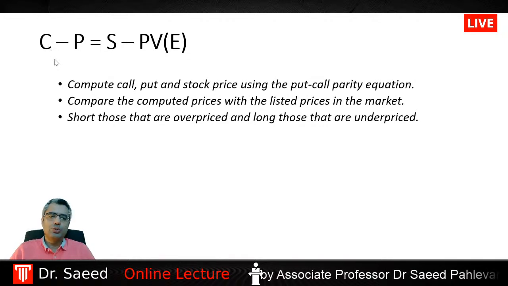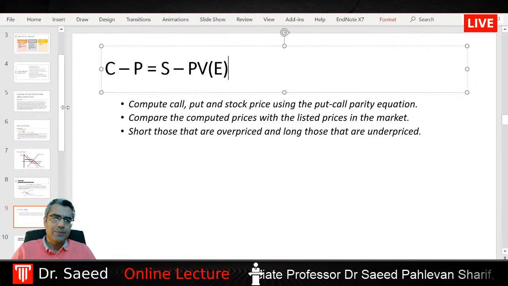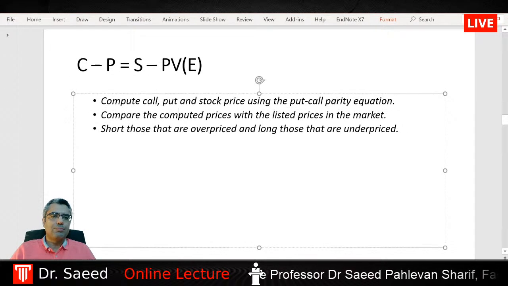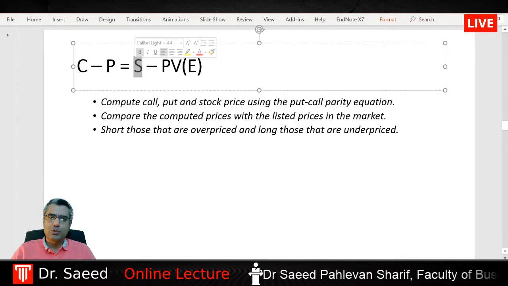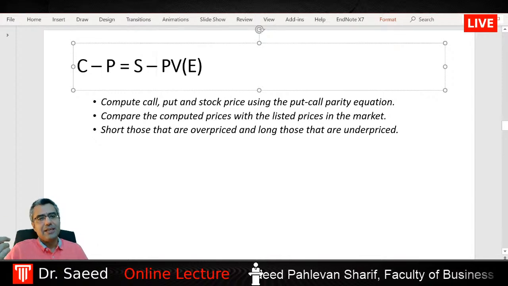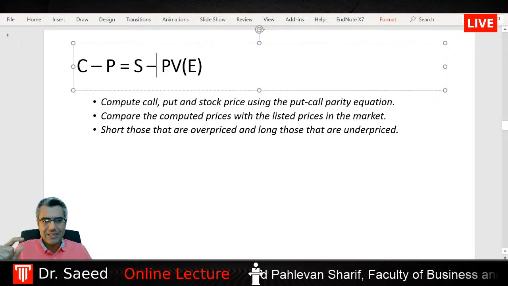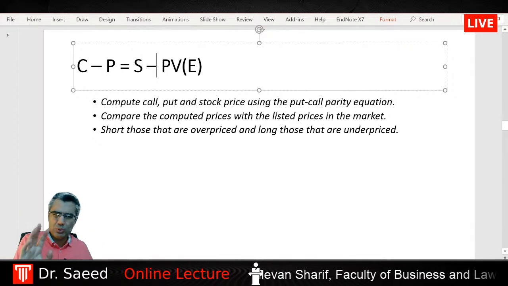So you write this equation in the way to compute call price, and then you compute the call price using this equation, then you compute put price using this equation, then you compute stock price or spot price using this equation, then you compare them with the market price. If there is any mispricing, then you implement arbitrage strategy. When I show you the example, you will find it very easy.